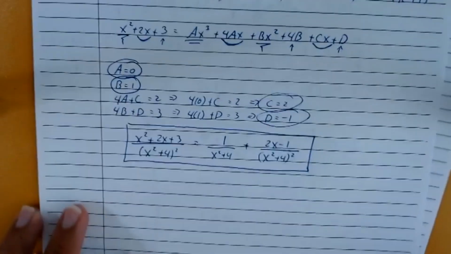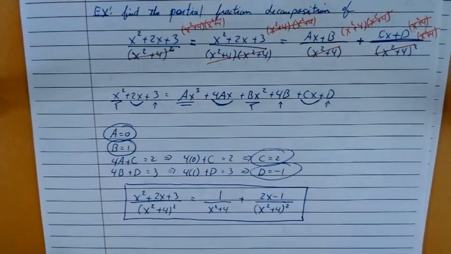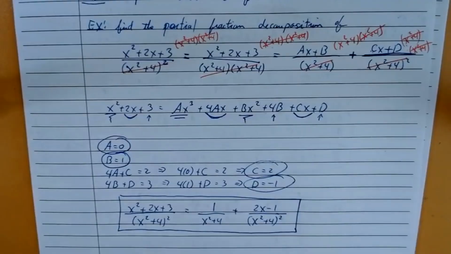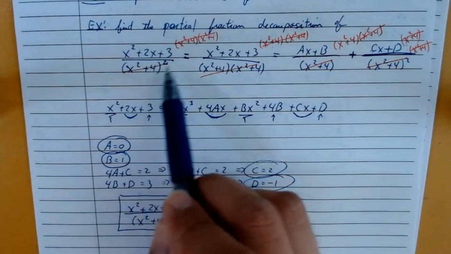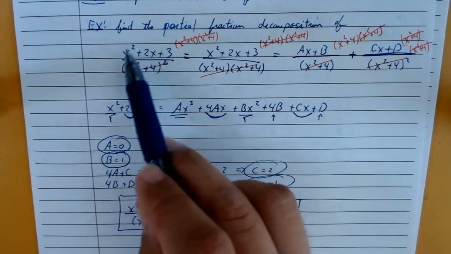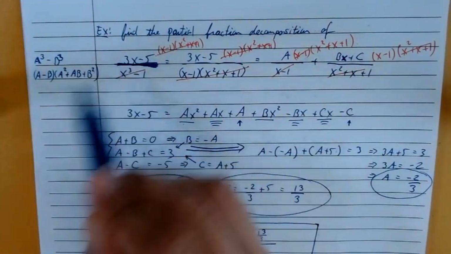Finally, the last thing we want to mention is that in every one of our cases so far, in every one of our problems that we've seen, your numerator is always smaller in degree than your denominator. Notice that is 4th degree if you were to multiply it out, and that's 2nd degree. Over here, that's 1st degree and 3rd degree.